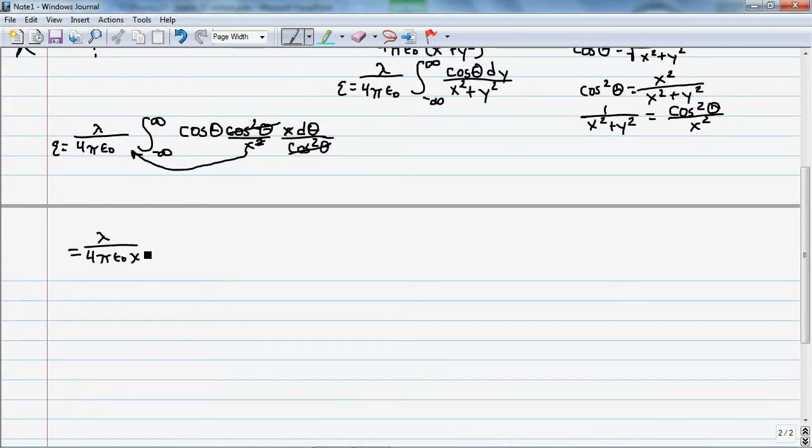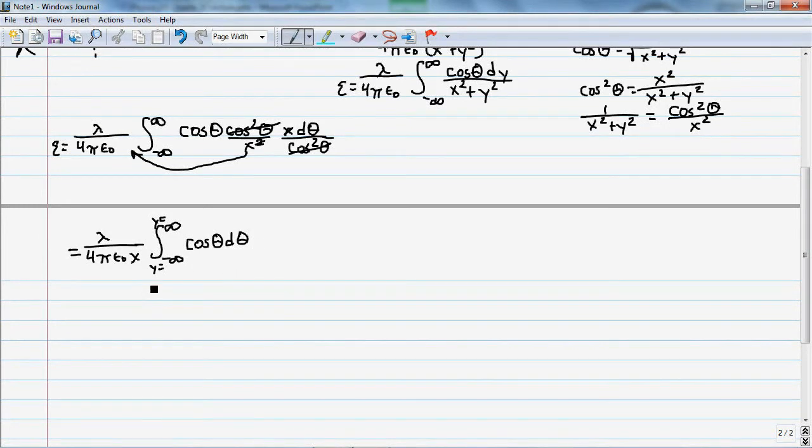So I'm going to have an x in the bottom, and now remember this is for y, y equals negative infinity to infinity. But now all I have in the integral is cosine theta d theta.